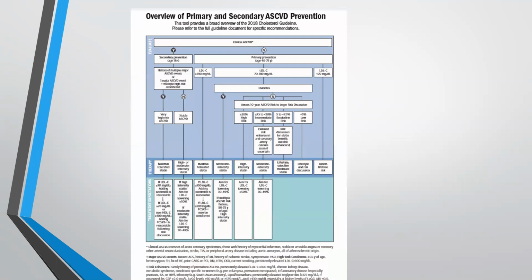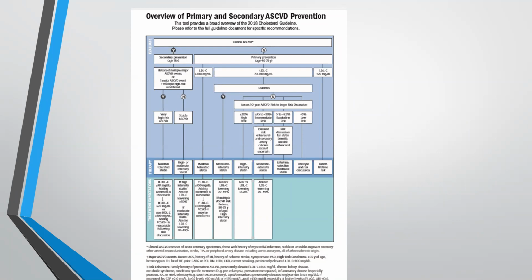This shows you the convoluted newest recommendations. Obviously, I don't want you to memorize this at all, but basically, anyone who has a clinical manifestation of a heart artery blockage, or at least has risk factors, we think about them very differently.